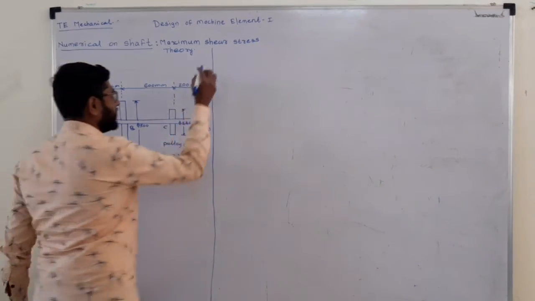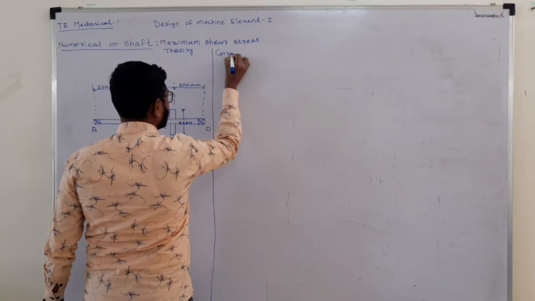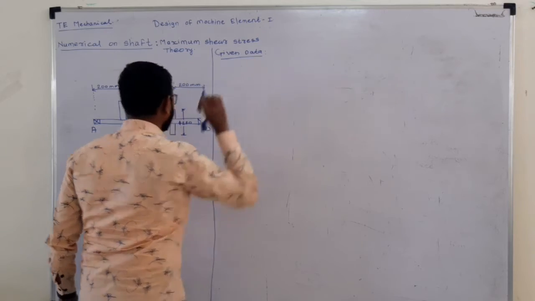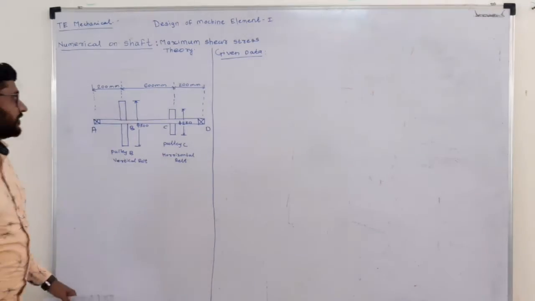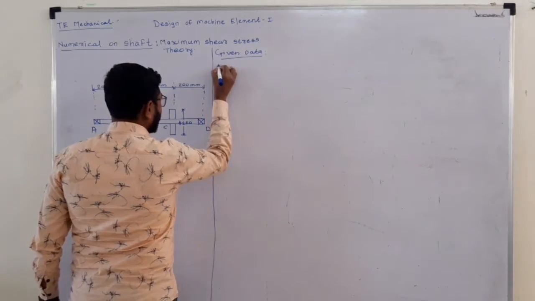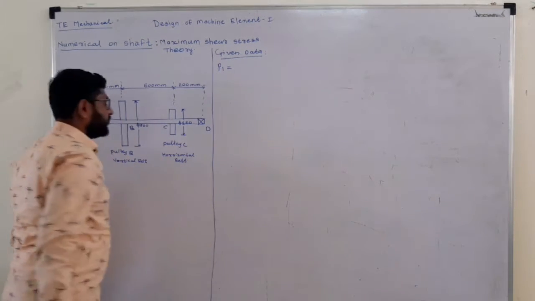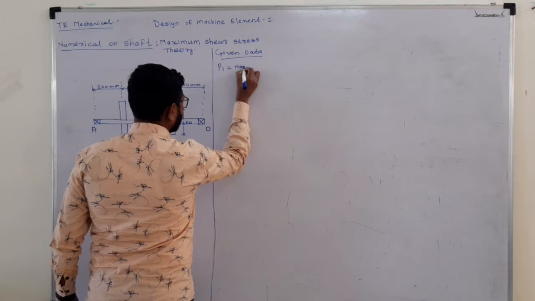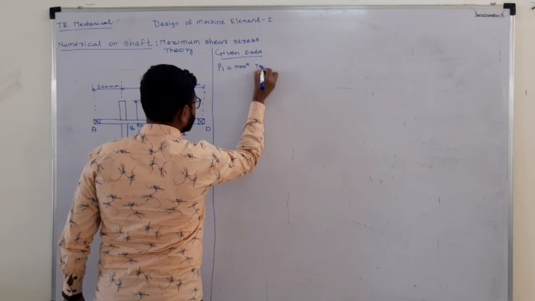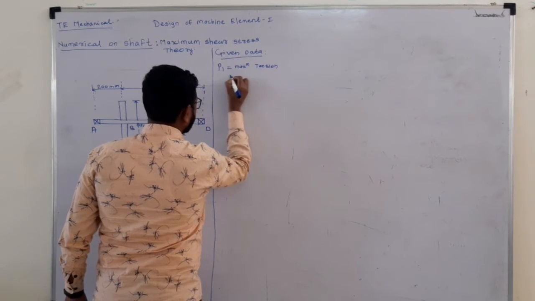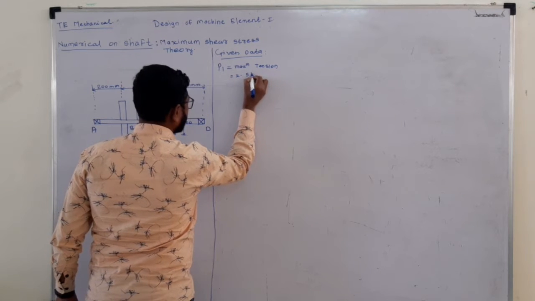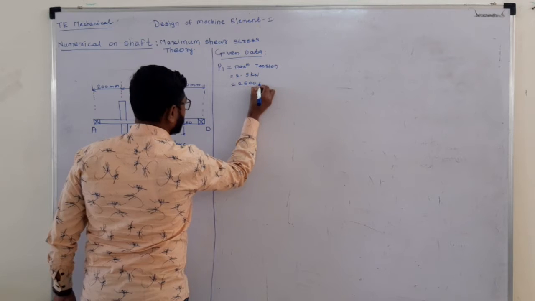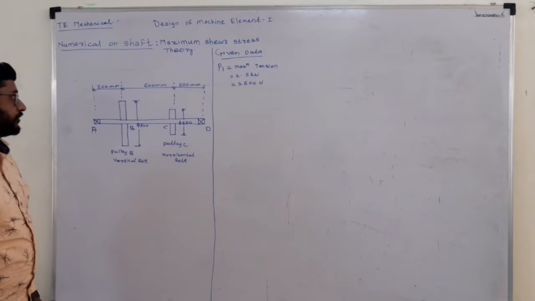So, the given data is: here in this numerical, the P1 force, that is the maximum tension, is given as 2.5 kilonewton, that is 2500 Newton.